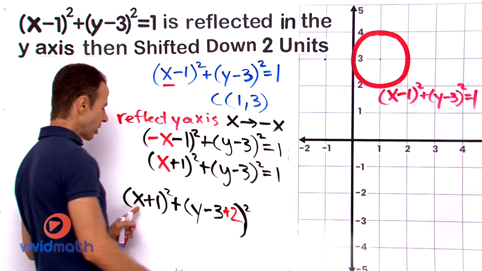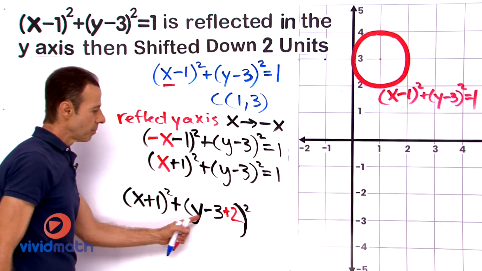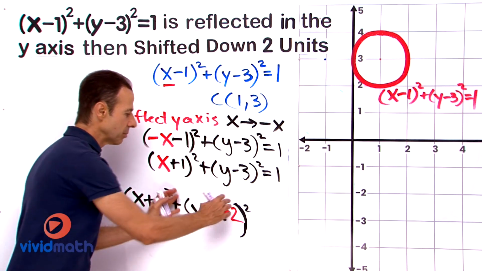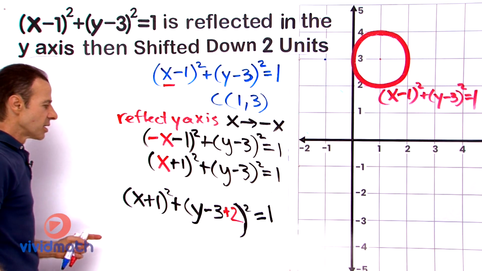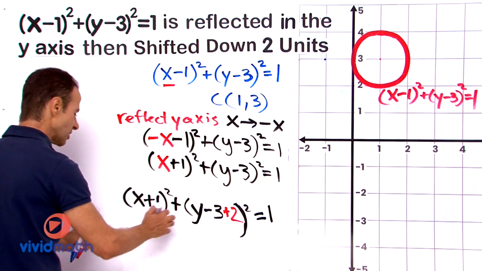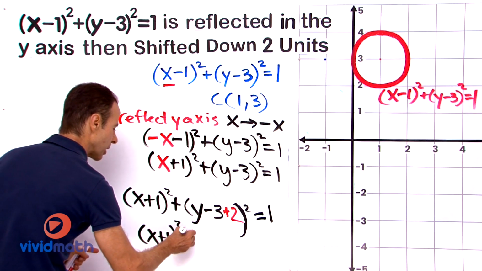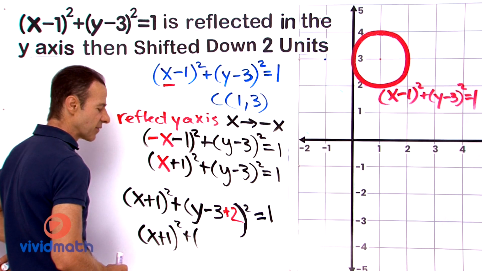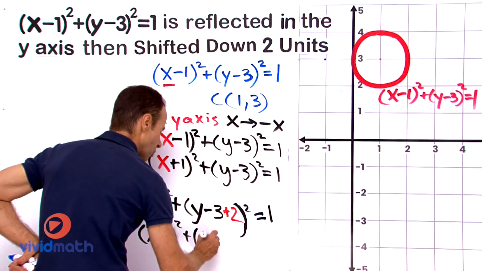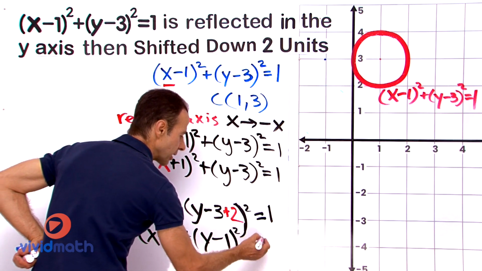So we've got (x + 1)² + (y - 3 + 2)² = 1, the same one. It's a unit circle. We're going to simplify that. This still becomes (x + 1)² + (y - 3 + 2)². That's just going to give us a minus 1, isn't it? So that's (y - 1)², still equals 1.